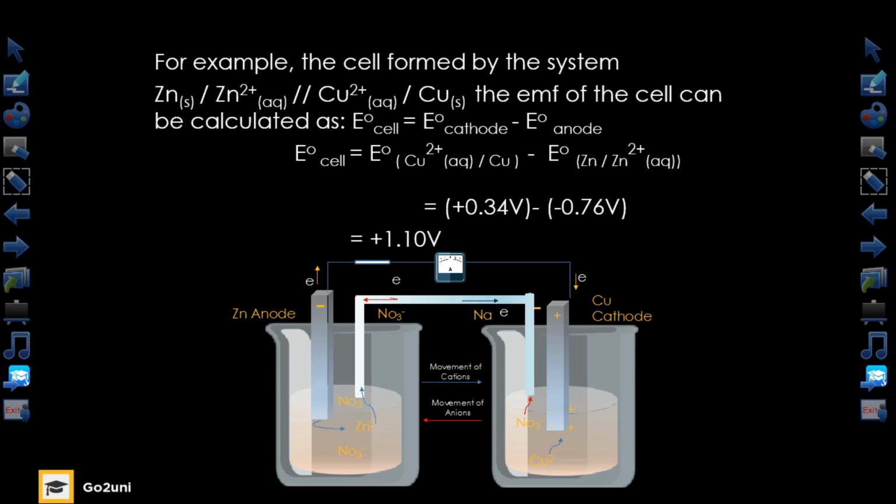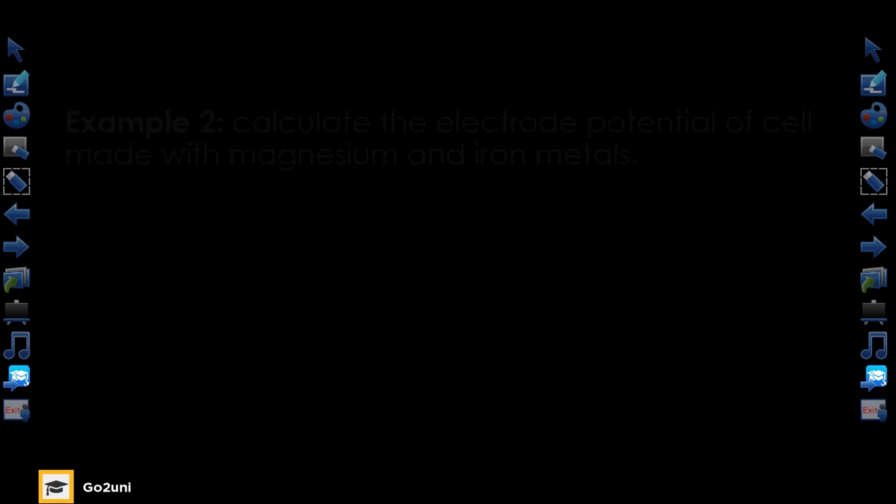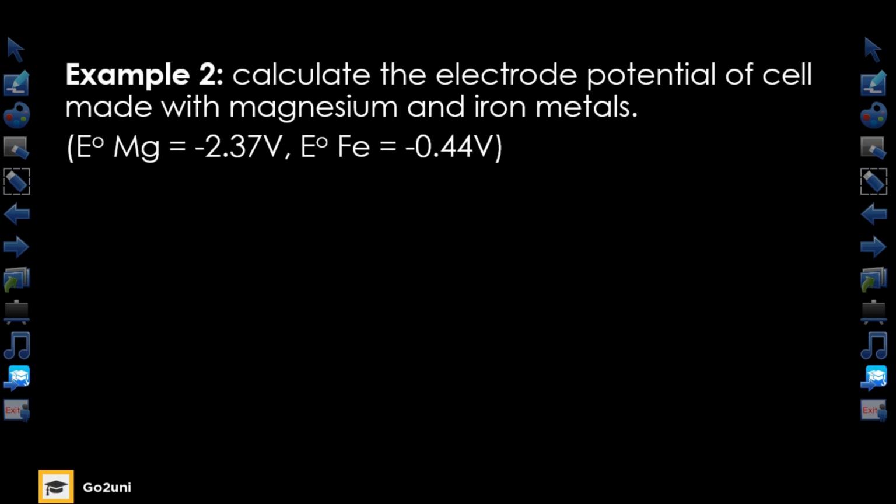So let's take a look at the second example. In the second example, we are told to calculate the electropotential of a cell made with zinc, magnesium and iron. And we've been given their electropotential values. Looking at what we have here, between magnesium and iron, one seems to be closer to the positive part of the electropotential.